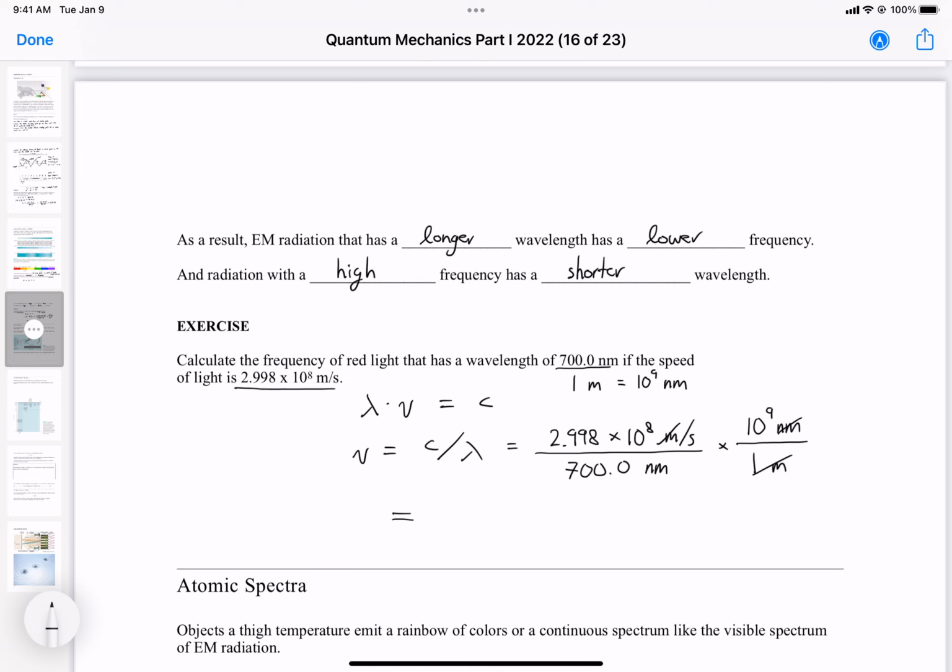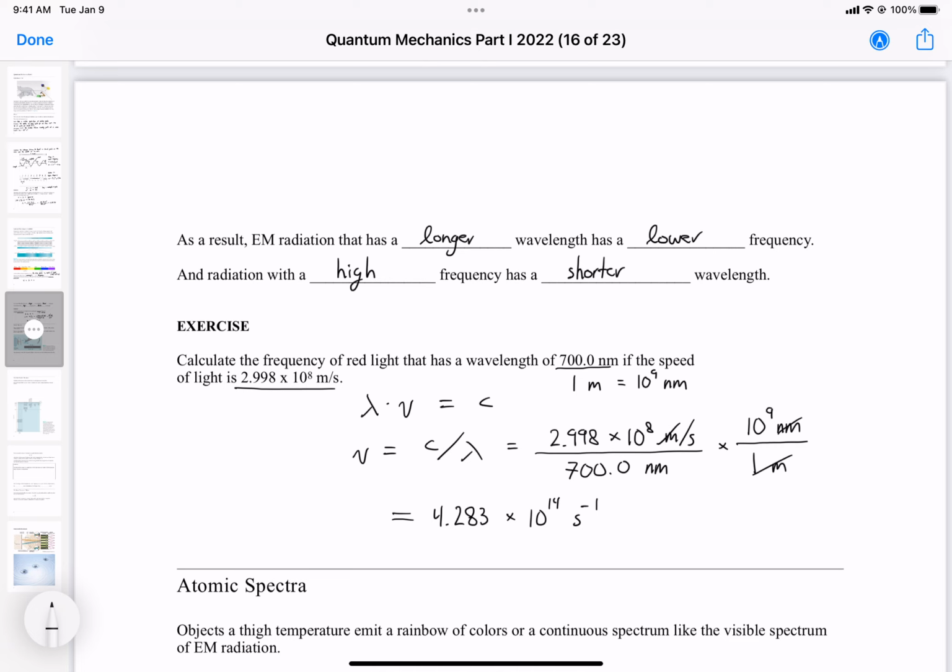They both have 4 sig figs, and we're dividing in this case. So we're going to have 4 sig figs in our answer. So 4.283 times 10 to the 14th inverse seconds. So that's a really high frequency.